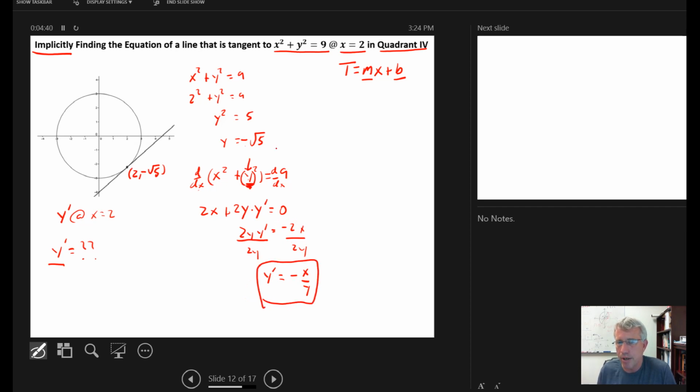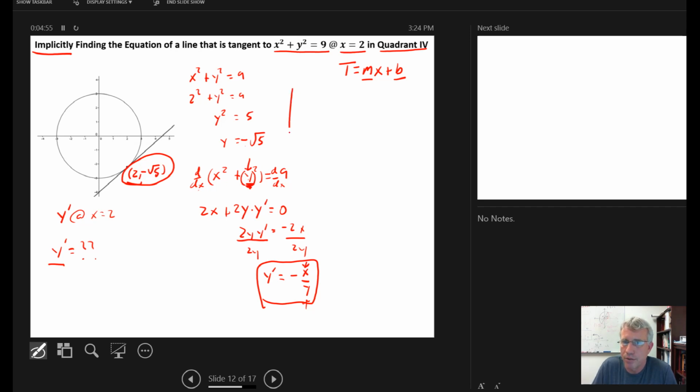So the nice thing about having done this implicitly is that to find y prime, the derivative of y, we just need to know what x and y are when x is equal to 2. But they're just sitting there as an ordered pair. We already know what x is and y is.